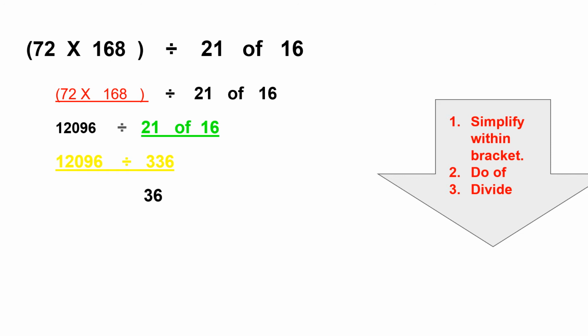That means first of all, multiply 72 with 168. Answer is 12096. Then solve of. Of means multiplication. 21 of 16, 336. Third operation is division and the answer is 36.